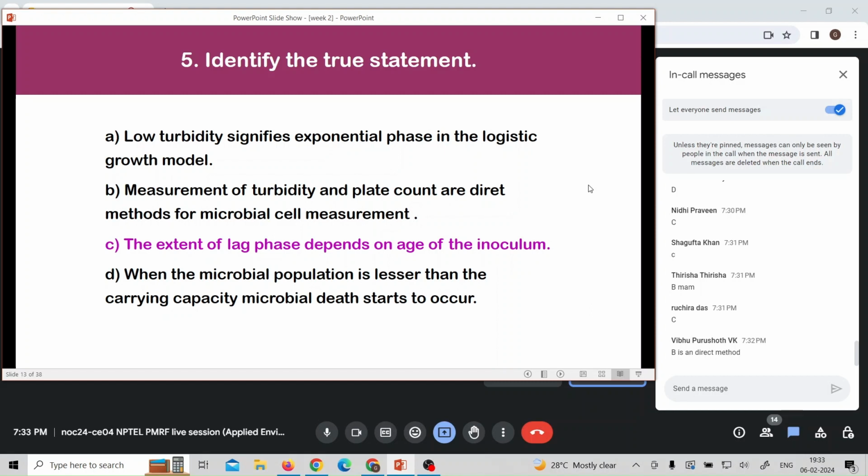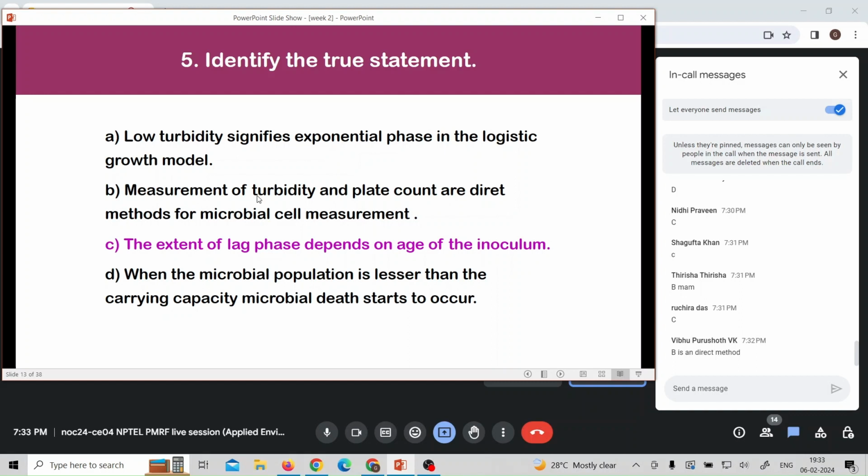After some growth, the turbidity is going to increase. So when the turbidity is very low, it doesn't signify the exponential phase. No, during the exponential phase, the turbidity is going to increase and will be higher than previous. So that statement is not true.